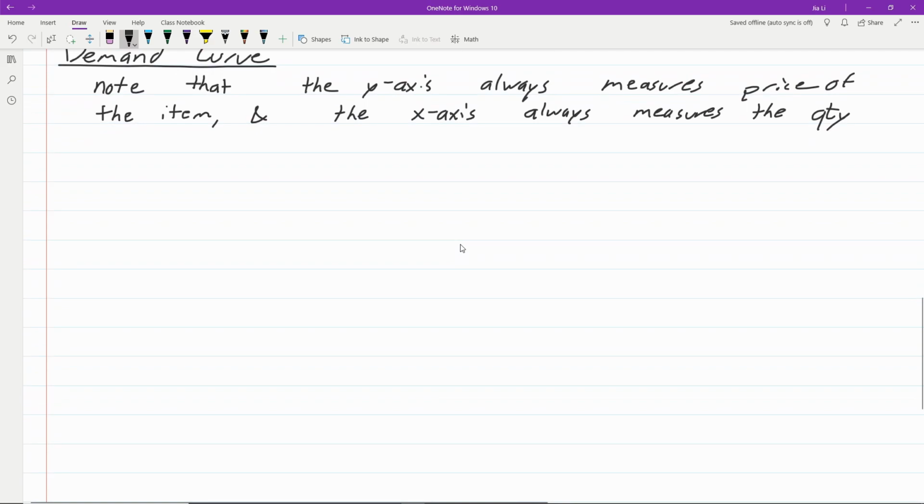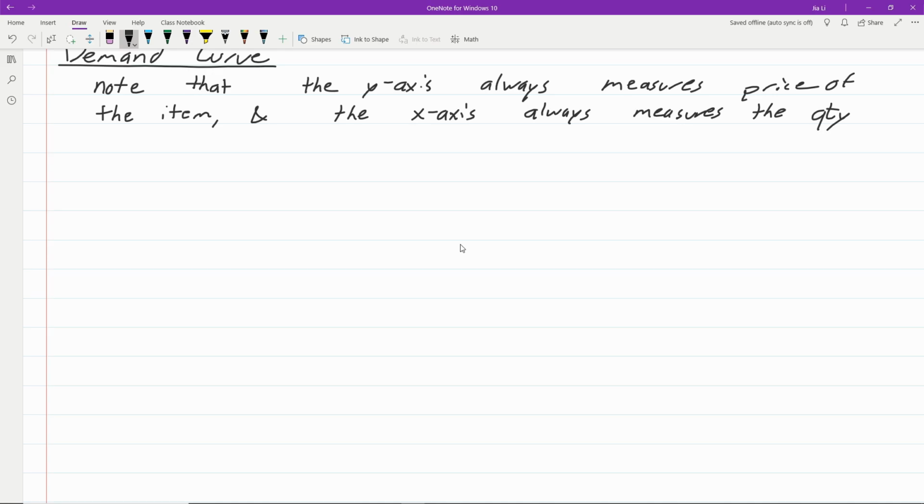It's always just followed that type of convention. So again, logically, there's no real reason for always doing it this way. Mathematically, it would still be perfectly fine if you flipped it. However, because this is the convention, we will stick with it: to always measure the price of the item on the y-axis, and the x-axis will always measure the quantity.